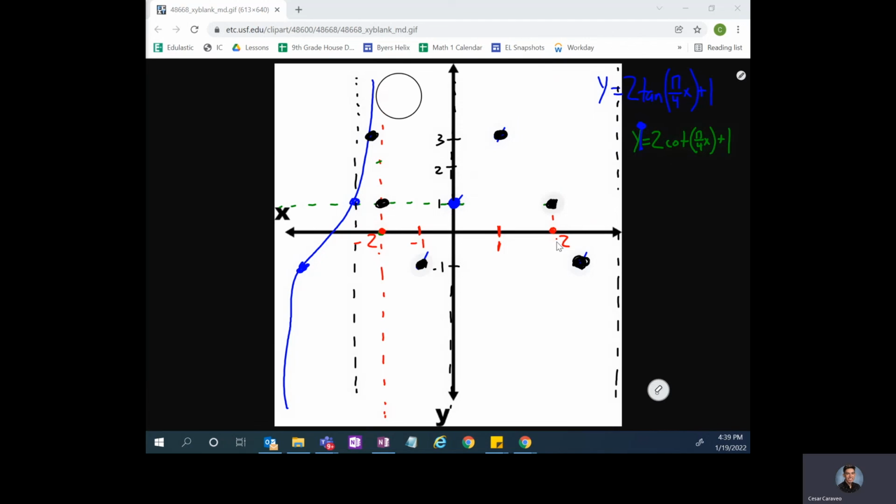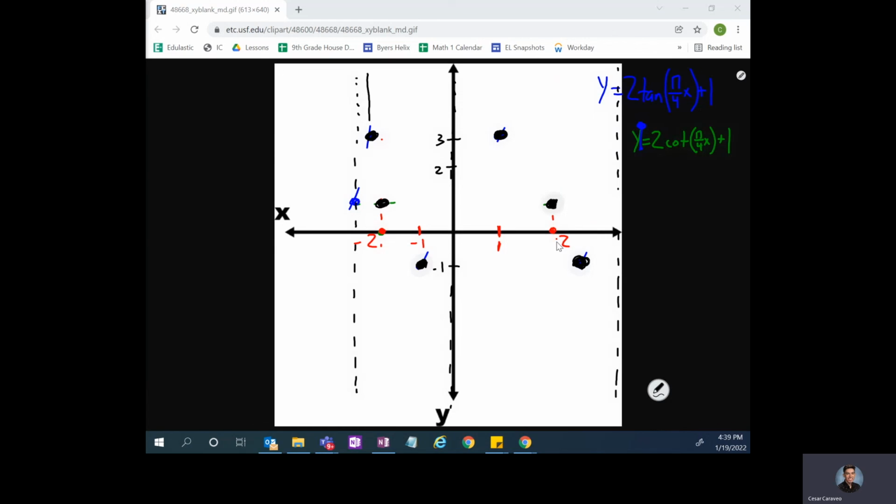And we're going to do the same thing on this side. It gets pretty messy, so I recommend you do this in pencil. This point is no longer there because that's an asymptote. And we are ready to go.